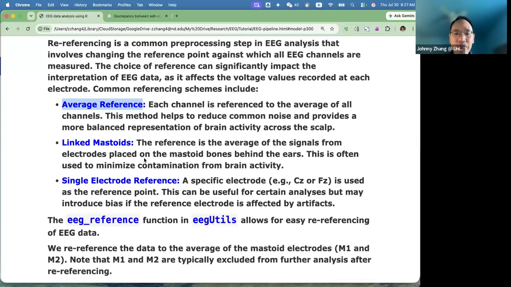So we use the signals from the electrodes placed on the mastoid bones, right behind the ears. And then we can calculate the average of those two electrodes and then use that as the reference point and then calculate the signals for all other electrodes. And this actually is the most widely used method now.